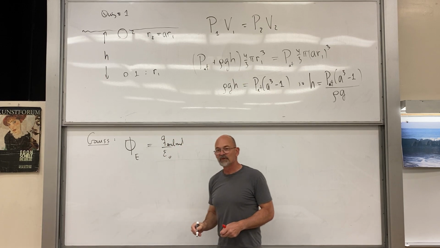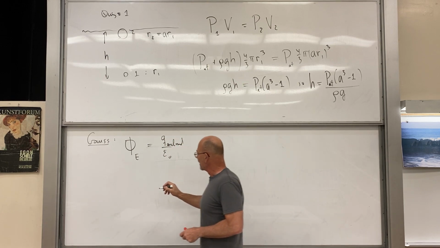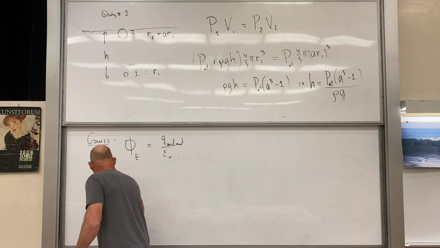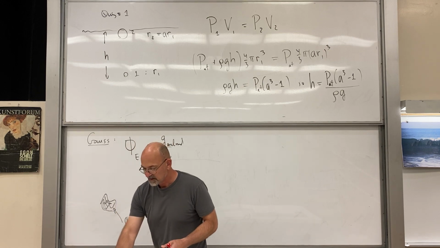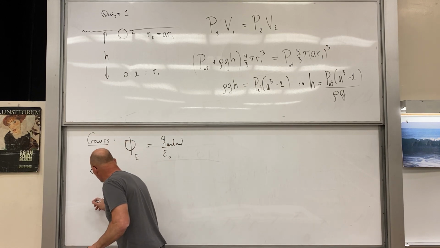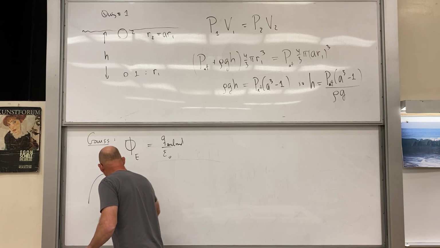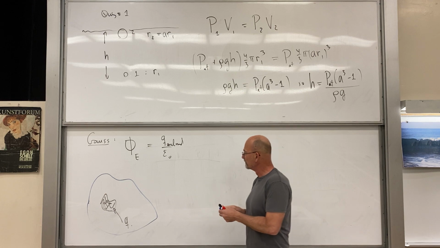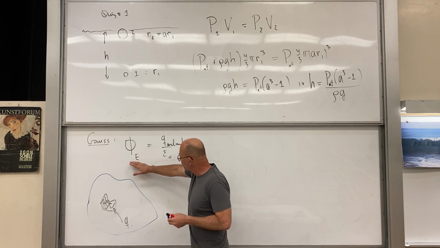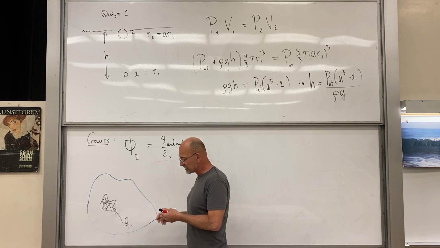So that's a pretty simple formulation. Now if you have some charge here, so there's Q, and it's enclosed by, I'll use another color, some non-spherical surface here. So the electrical flux is the surface integral, the flux integral.